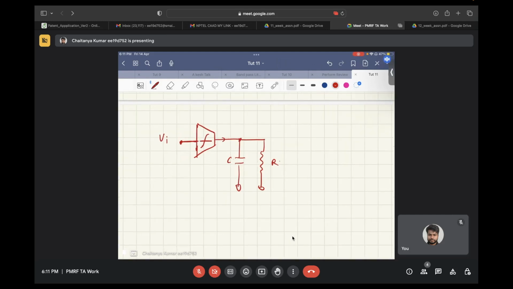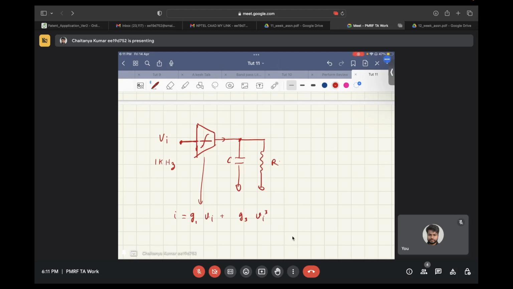Let's say the input is a 1 kilohertz sine wave, and the transconductor has a term of third order nonlinearity. So basically the output current it gives is G1 Vi plus G3 Vi cubed.